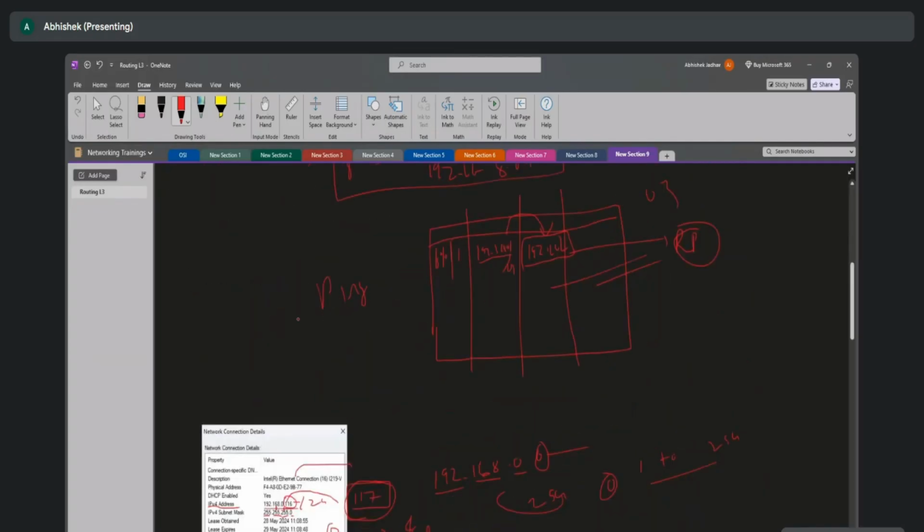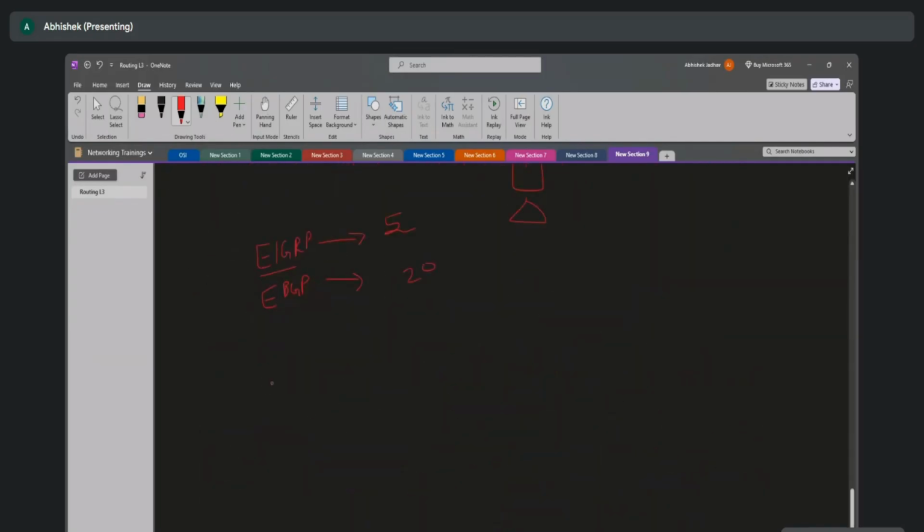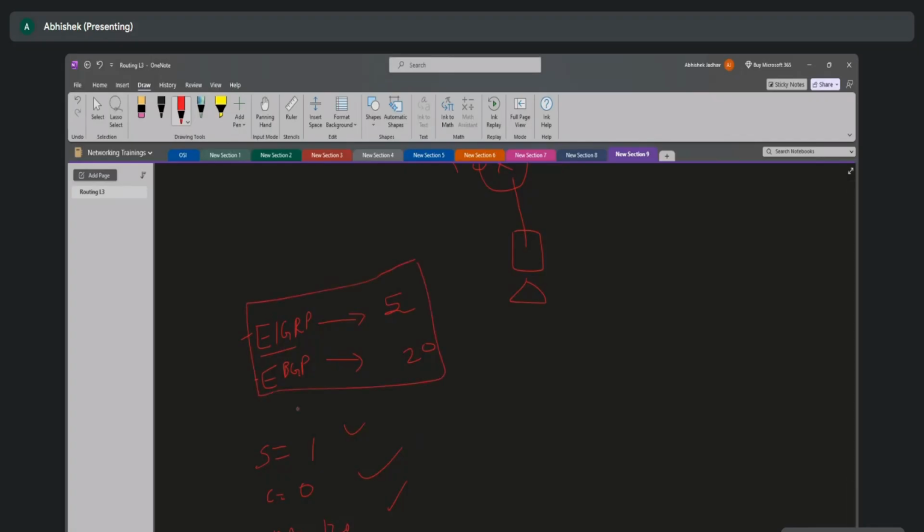So what you have to remember is, for static it is 1, for the connected interfaces it is 0, for RIP it is 120, for OSPF it is 110. Some basic things which should be remembered, right? You can remember this as well, but not very important, right?